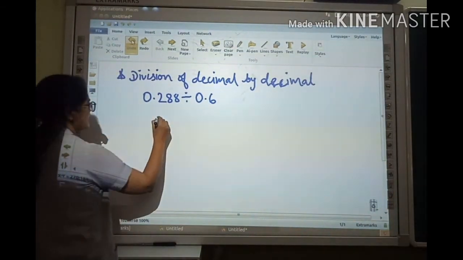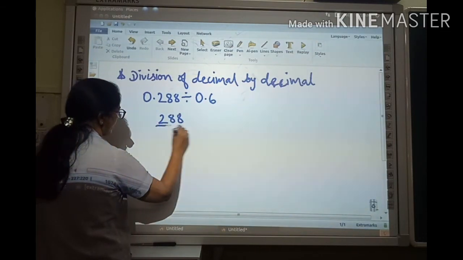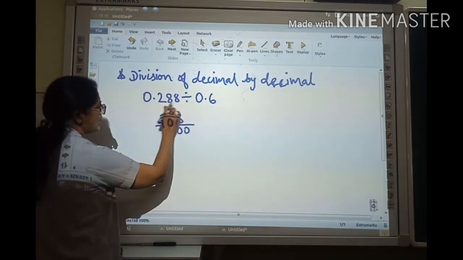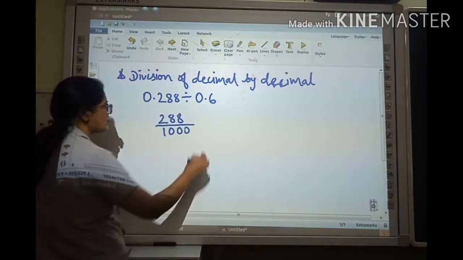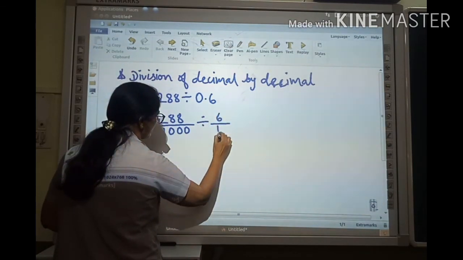So here first we have to convert this into a fraction, 288 upon 1000, because after the decimal there are 3 digits, right? And divide by 6 upon 10.